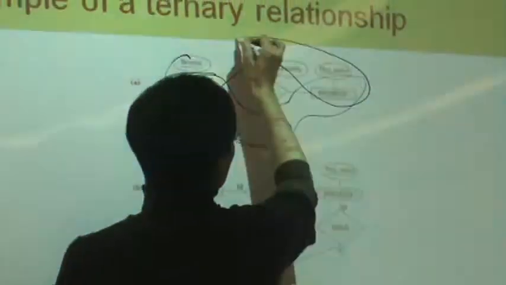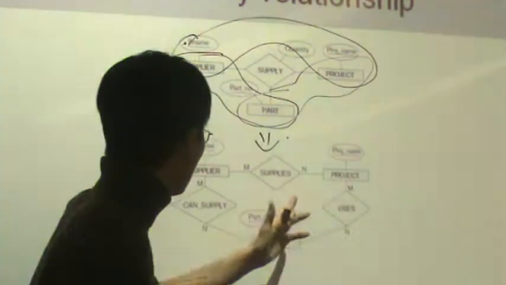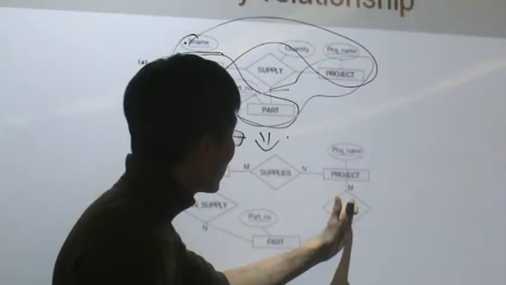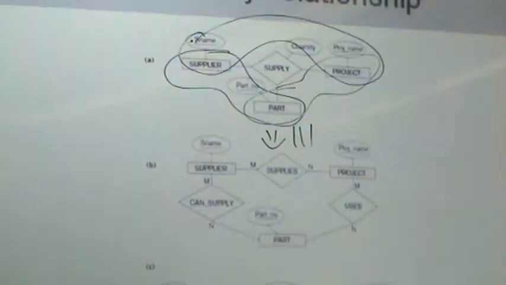Supplier supports the specific project like this one. So that is: supplier supplies project. Supplier can supply a part, and the project uses such a part. Three binary relationships. Do you think they are identical? Yes. One. How do we compare one to one B? What does it mean? Is it the same or different?